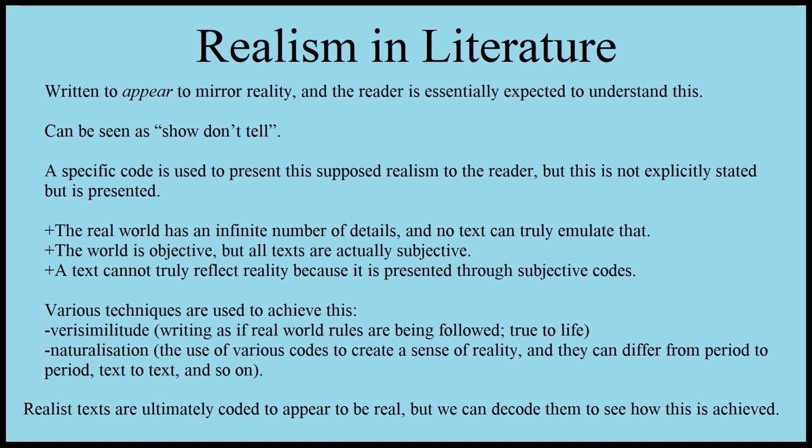Now, a very basic, simple thing is that any realist text is not actually realistic. It is copying and trying to appear to be realistic, but it cannot necessarily do this all the time.